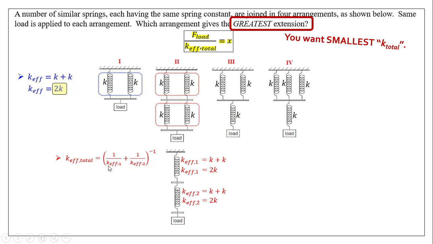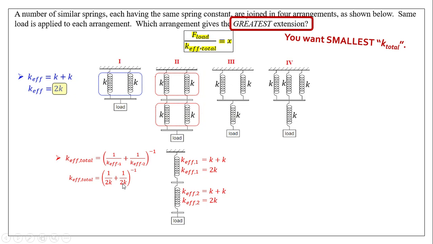Here, my denominator is going to be K effective 1 because that's my first spring. And then the second spring is K effective 2. And so I'm just going to go ahead and plug and chug. The numerator stays the same because that's just a 1. K effective 1 is replaced with 2K because that's what I found it to be when I combined them in parallel. And then K effective 2, similarly, is also 2K for this particular diagram.